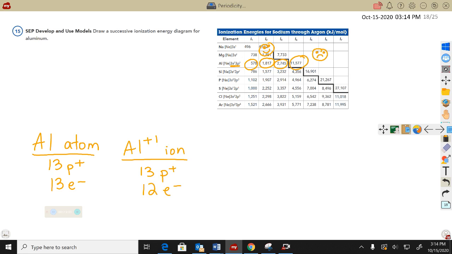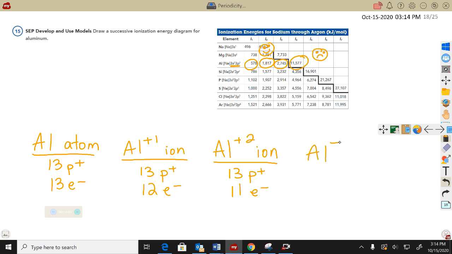So it's a higher charge distribution from the positive nucleus to the negative electron cloud. Then next I would lose the 2nd electron to form the +2 ion. We always keep 13 protons, but now I would only have 11 electrons. That's where the +2 charge comes in, right? The balance between the protons and the electrons.